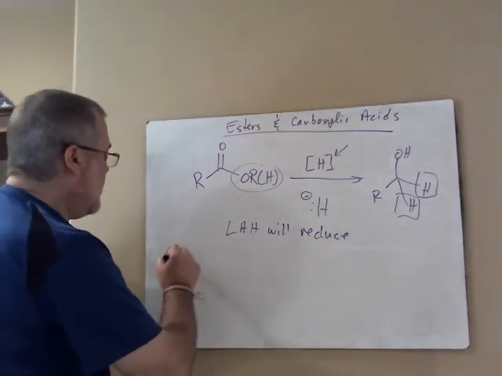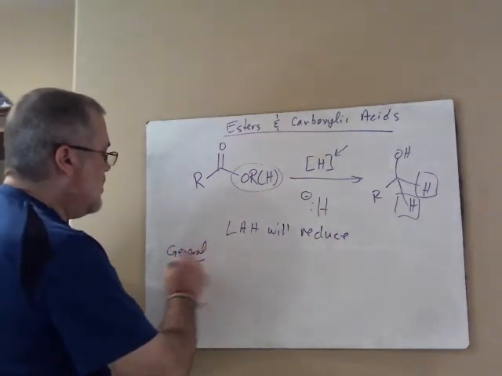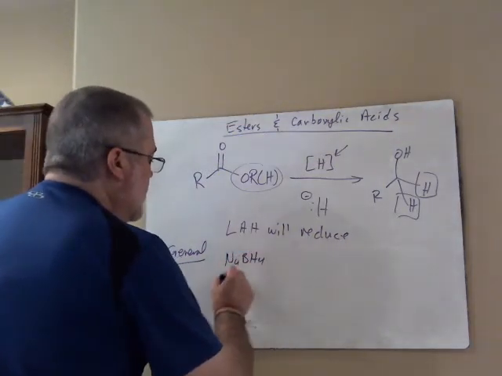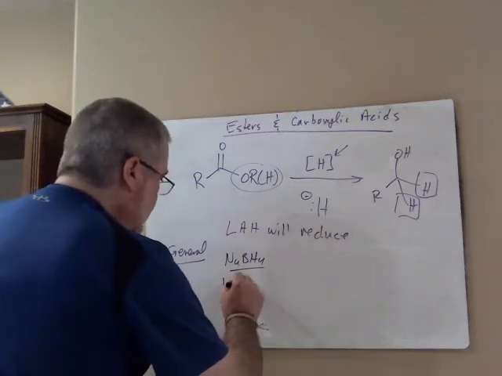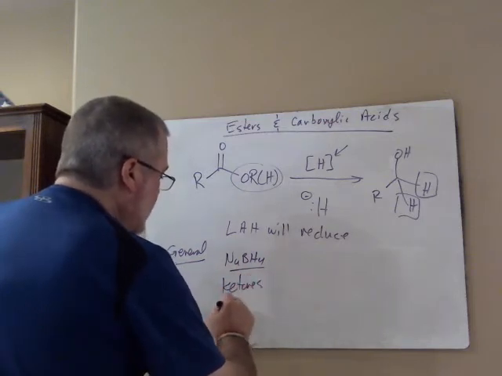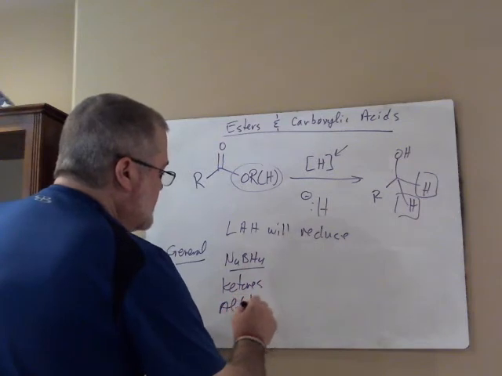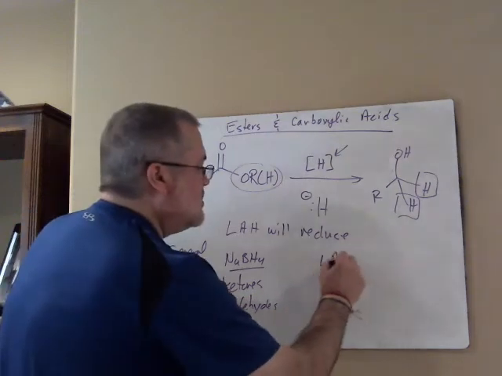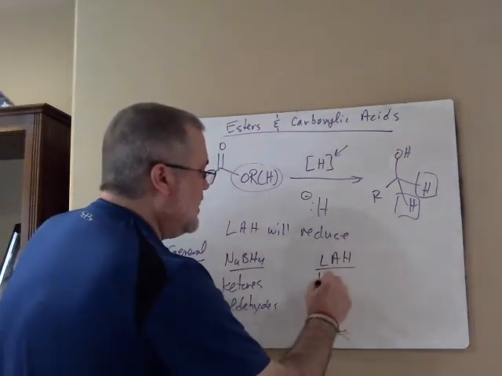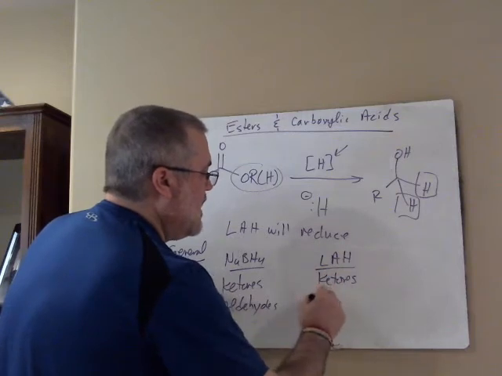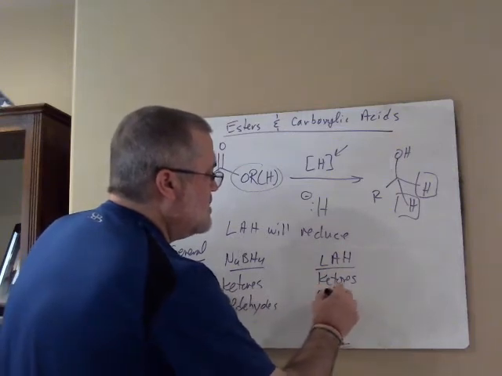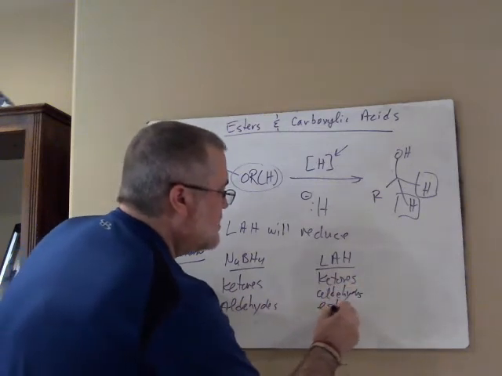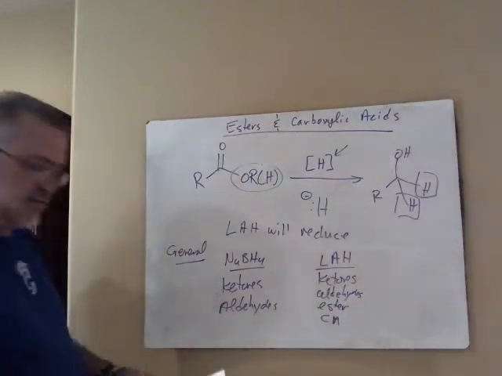And so in general, you might want to put this down, and that is with sodium borohydride, we will be able to reduce ketones and aldehydes, whereas LAH will reduce ketones, aldehydes, and esters and carboxylic acids.